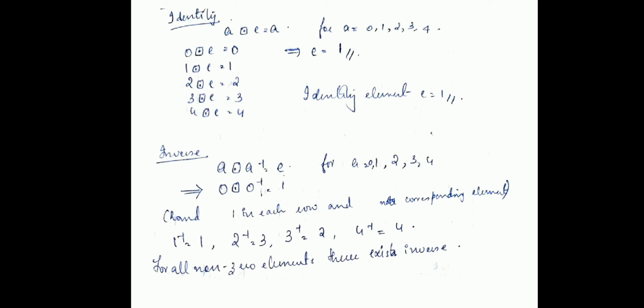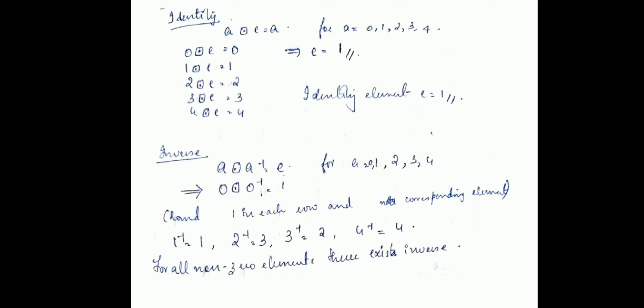So the remainder of 0 into something divided by p should be equal to 0. We know that 0 into 1 is 0, 1 into 1 is 1, the remainder of 2 into 1 by 5 is 2, the remainder of 3 into 1 by 5 is 3, and the remainder of 4 into 1 by 5 is 4. So we can say that the identity element is 1.